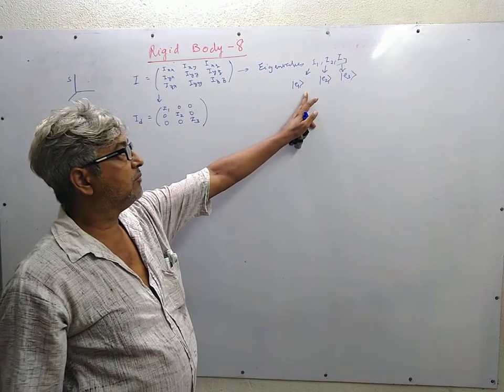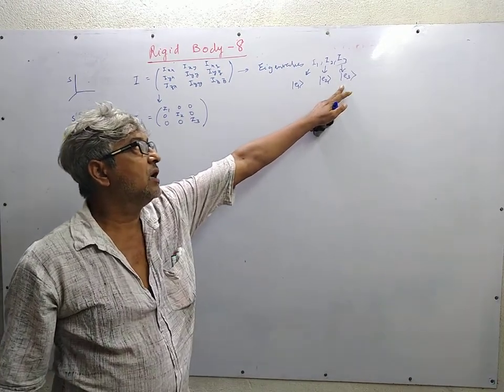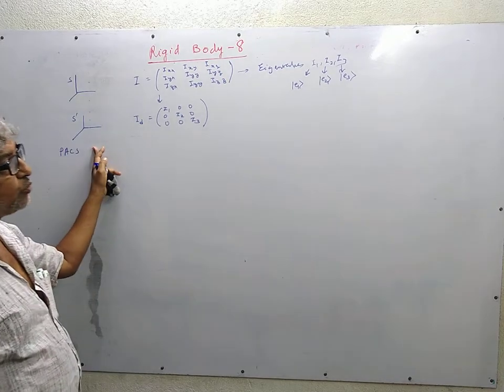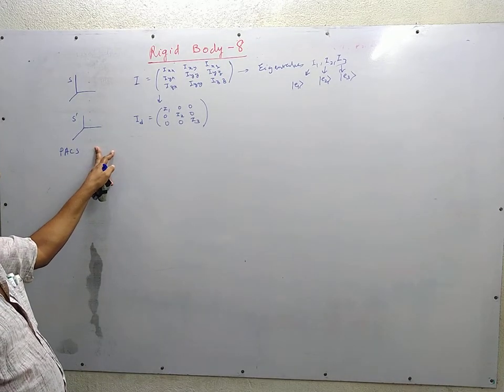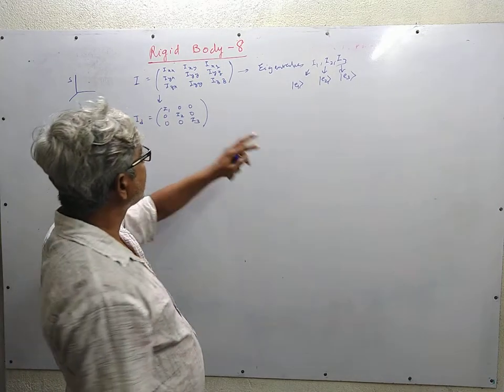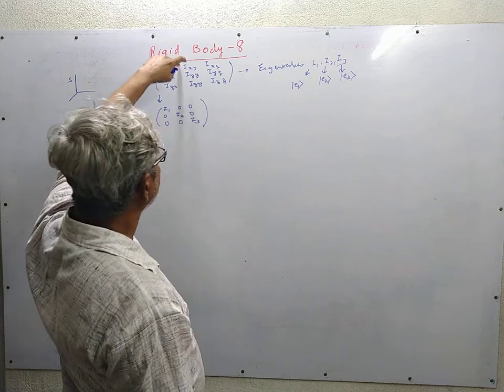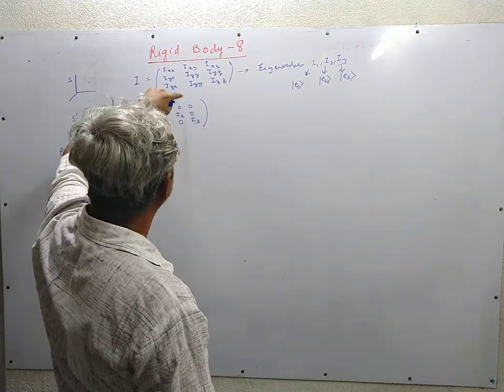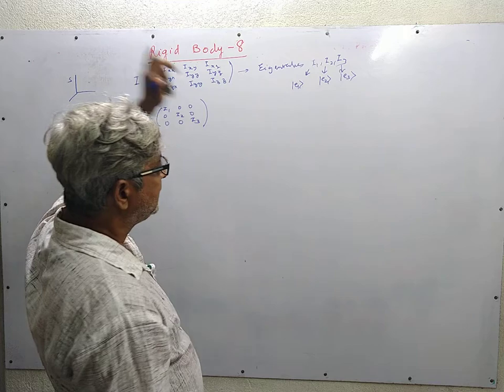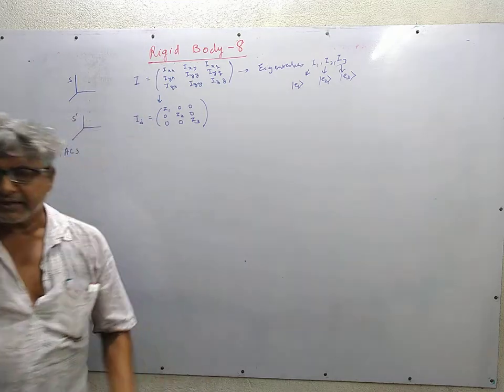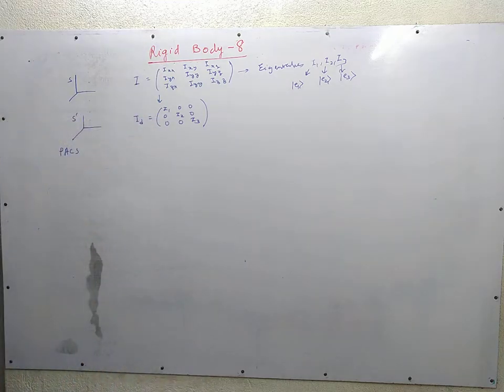These eigenvectors are the axes of the PSCS coordinate system, and when we express this matrix in this coordinate system, it assumes this form. Finding out the PSCS coordinate system is nothing but the eigenvalue problem of a matrix.